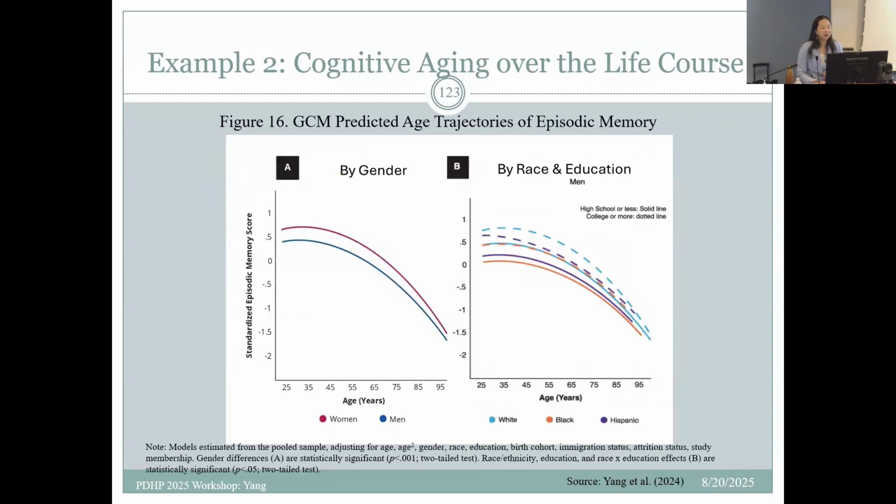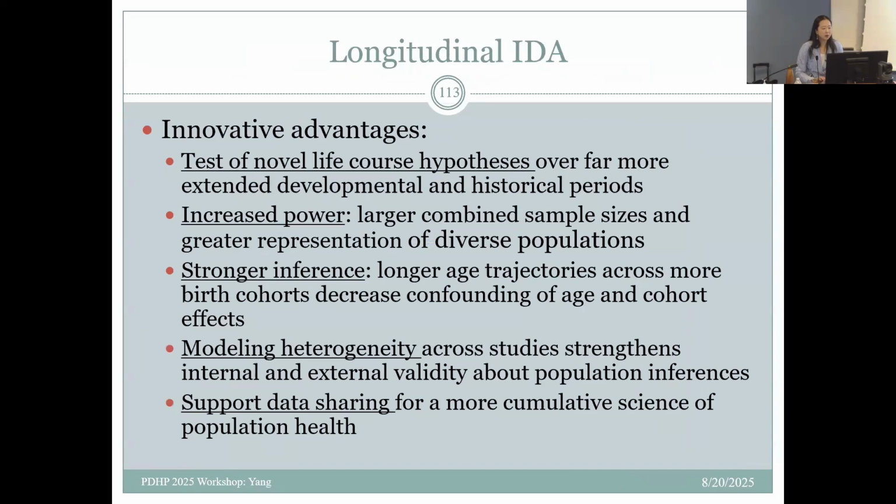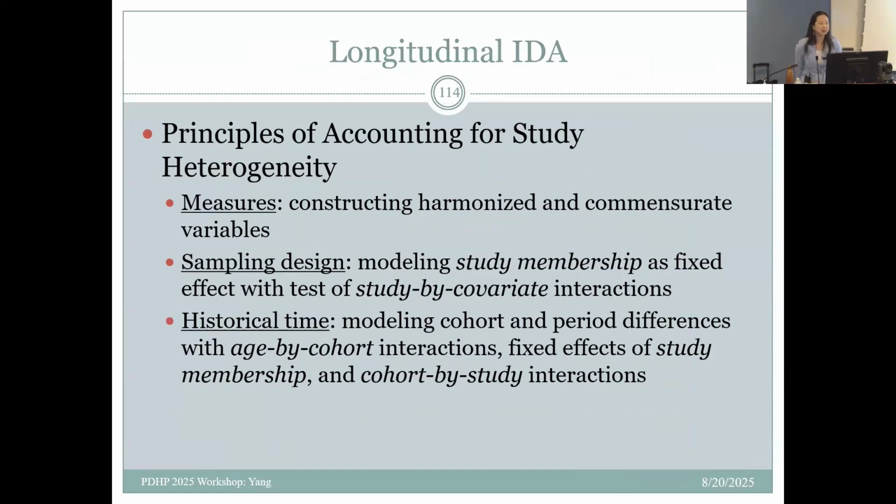Great question. You read my mind. So this goes into the principle of adjusting for study heterogeneity based on sample design. Our team has started to explore ways to compute weights for the pooled data set based on the sample specific weights.